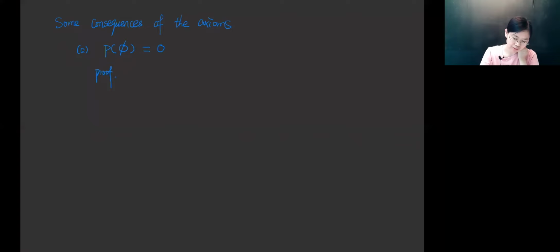Well, you can first observe that the empty set union the sample space equals the sample space, because the empty set adds no element to S. Also, the empty set intersect the sample space is the empty set, which means the empty set and the sample space are disjoint.